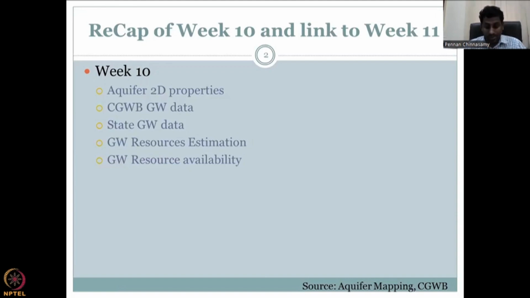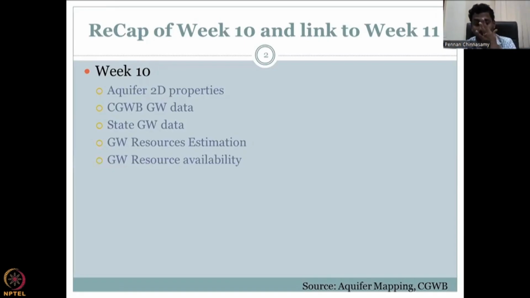Around 15,000 wells they collect and they monitor it at every 4 months interval. Some of the data we have for the past 20 years, and it is one of the most important data available in India for groundwater.